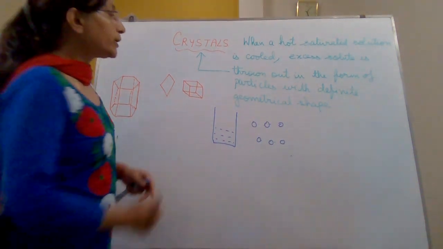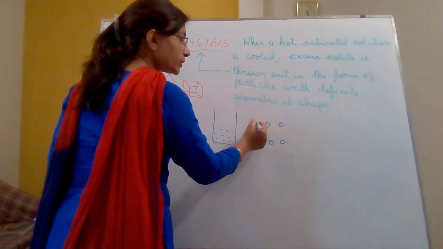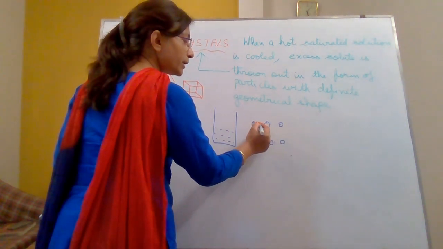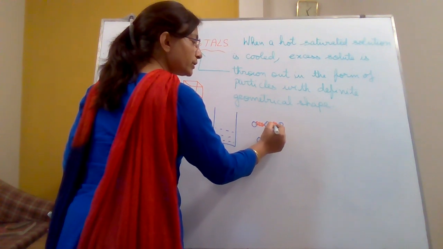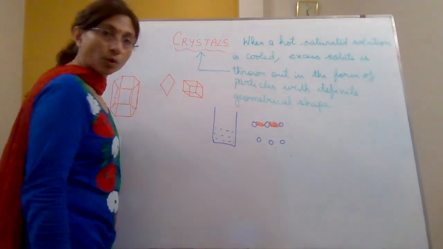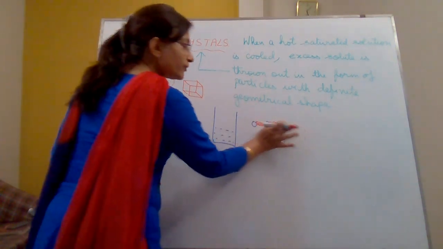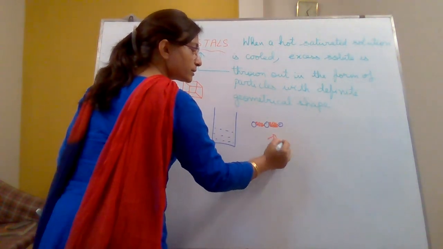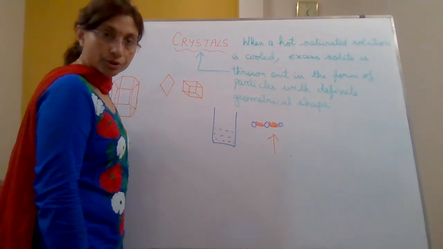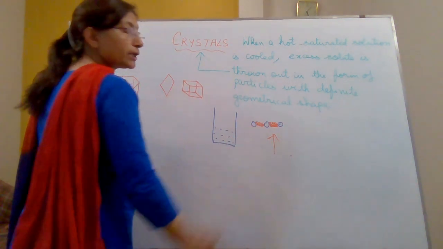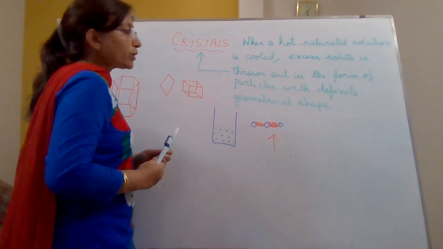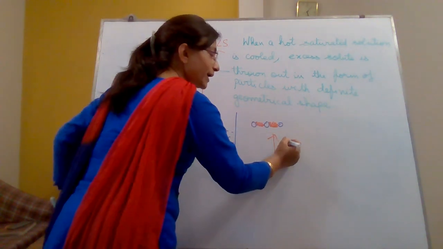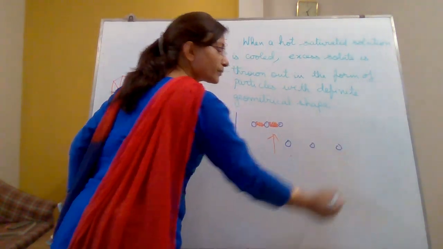The molecules of the solute get adjusted in between these intermolecular spaces. Okay? When we heat such a solution, then what happens? This intermolecular space between the molecules of the solvent increases.